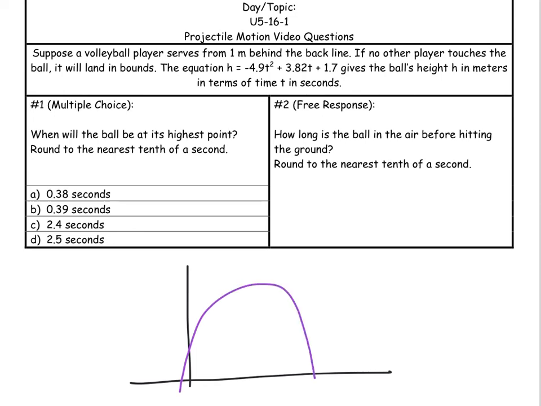The volleyball player is serving from 1 meter behind the back line. If no other player touches the ball, it will land in bounds. So we are looking for the launch height, and 1.7 is right there. We need to figure out what the vertex is. Keep in mind, the x value of the vertex is going to be in seconds, and the y value of the vertex is going to be in meters.